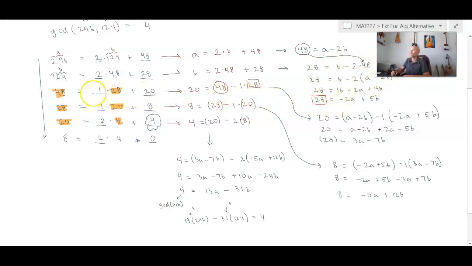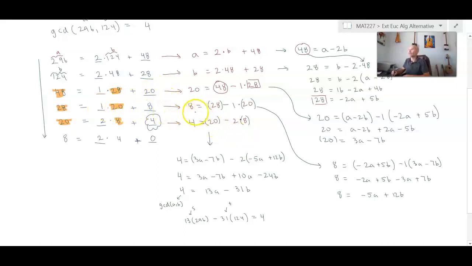And now move to the third line in the Euclidean algorithm, solve for the remainder, substitute in our two previous 48 and 28, get a new expression, and now that gives us an expression for 20.